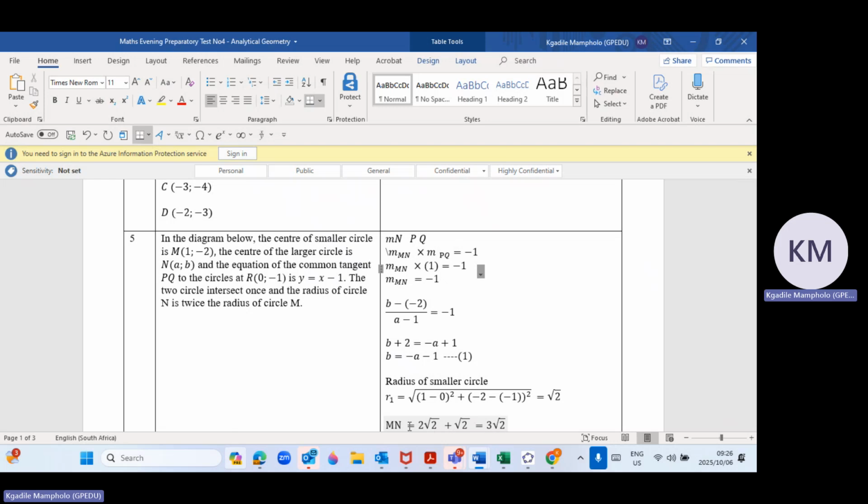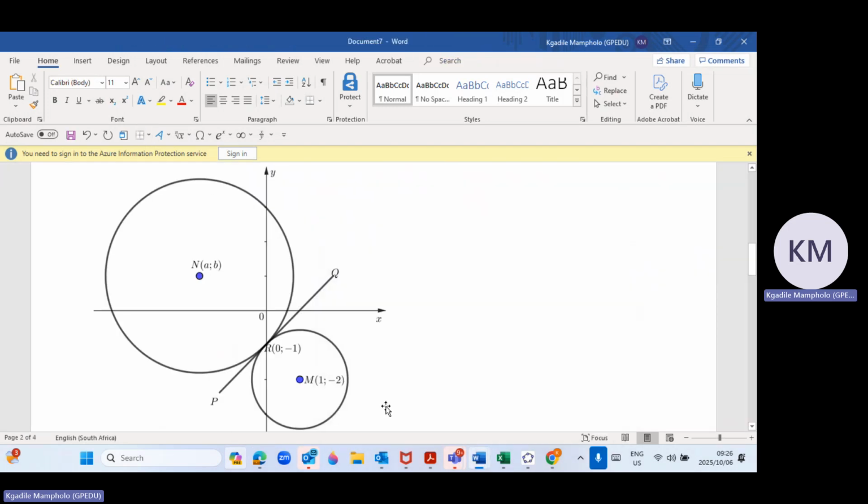We say the two circles intersect and the radius of the circle N is twice the radius of circle M. So it simply means that the radius NR is 2 times MR. So we first find the radius of this.